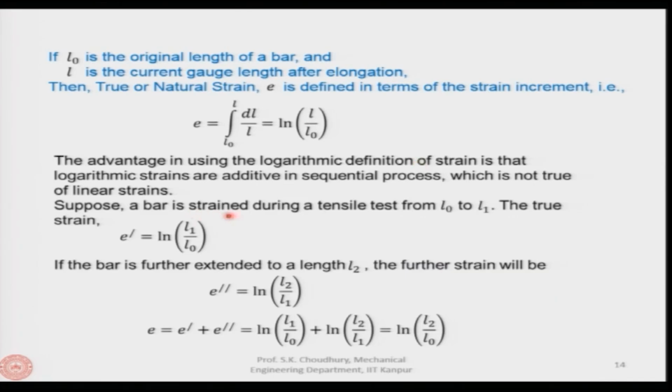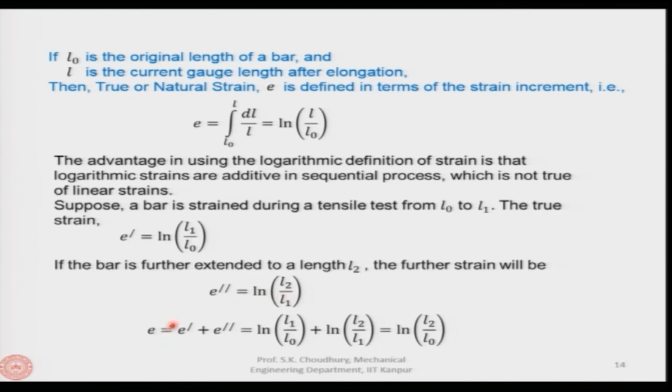Suppose a bar is strained during a tensile test from L0 to L1, all right. The true strain as it is done here in this case will be, let us say, e1 prime. This is log of L1 by L0, all right. And this bar from L1, it has gone further being elongated to, let us say, L2. The further strain will be, in that case, e2 prime, and this will be log of L2 by L1.